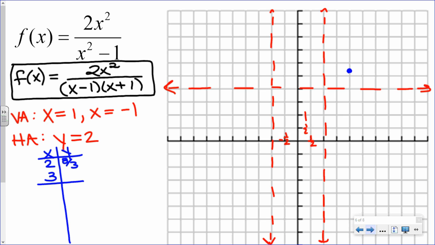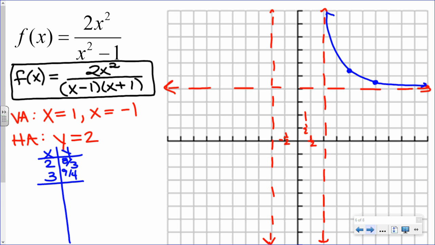And when we plug in 3, we're getting 9 times 2 upstairs and 9 minus 1 downstairs. What is it? 18/8, which would reduce to 9/4. Okay, remember I'm counting by 1/2, which is why I placed those coordinates where I did.